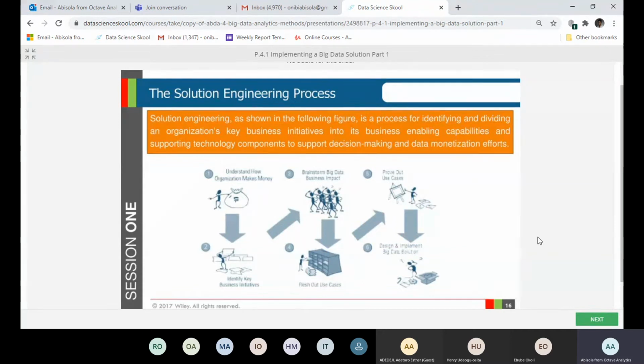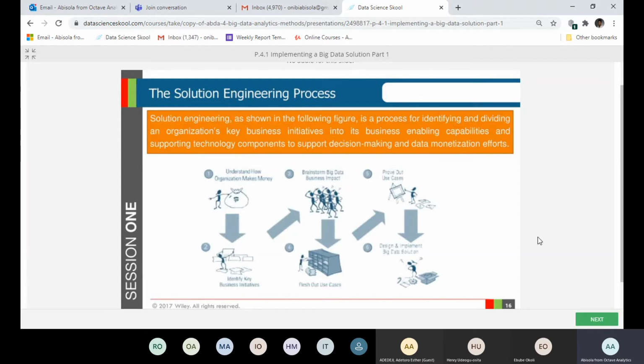What does the company value? What is the company's vision? What are the things that the company wants to see? Those are the key business initiatives. So you take all of this, break it down, and then you check out what technological solutions will be applied based on this to support decision making within the organization and also to improve value within that organization. So this is the solution engineering process.